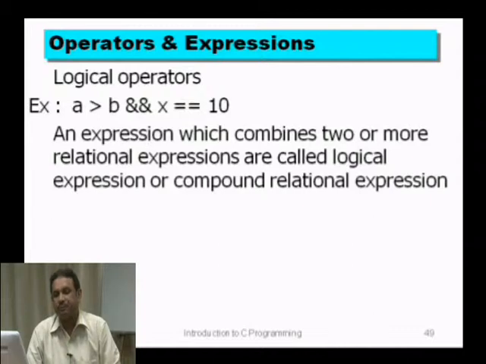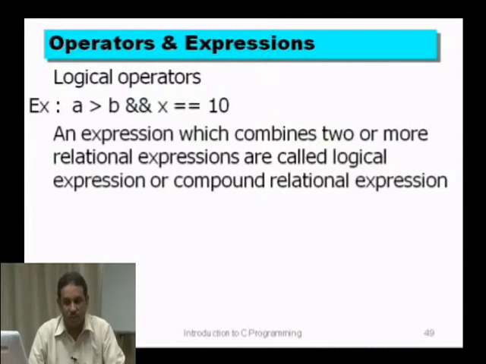Here there are 2 expressions, A greater than B and X is equal to 10. An expression which combines 2 or more relational expressions is called a logical expression, or a compound relational expression. The first expression is A greater than B, then the logical AND operator, then X is equal to 10 as another expression.